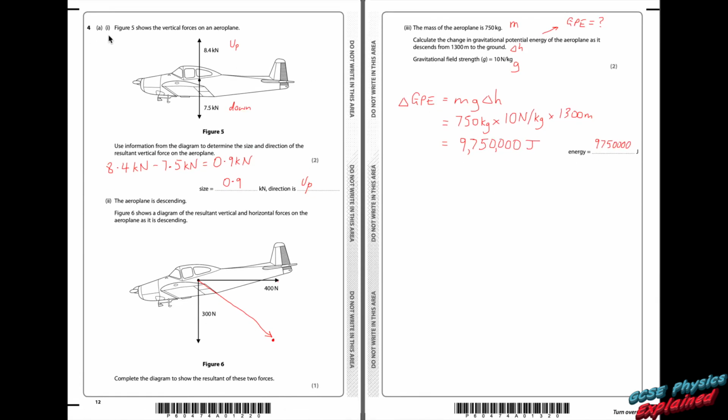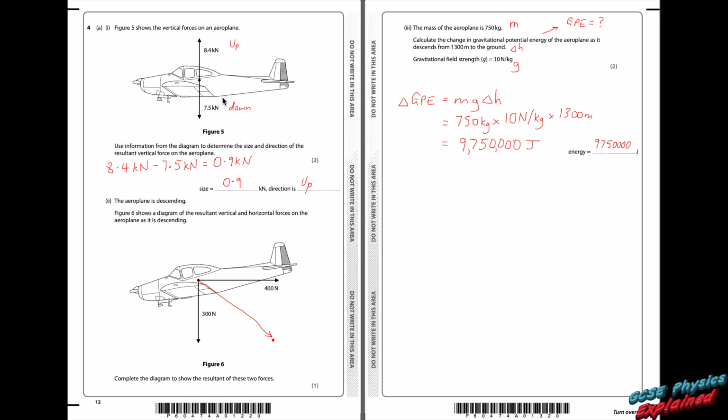Question 4a part 1. Figure 5 shows the vertical forces on an aeroplane. So you've got 8.4 kilonewtons going up and 7.5 kilonewtons going down. Use the information from the table to determine the size and direction of the resultant vertical force on the aeroplane.